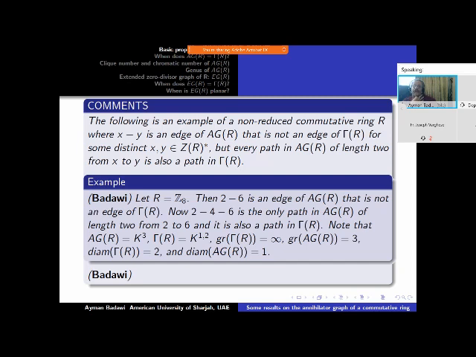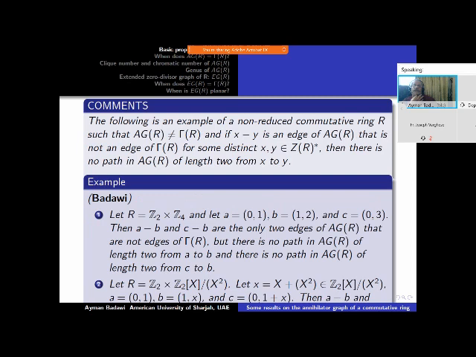The diameter of the zero divisor graph is 2, where the diameter of the annihilator graph is 1. So this example is kind of interesting, where you have all these different properties. The structure is different, the girth is different, the diameter is different.